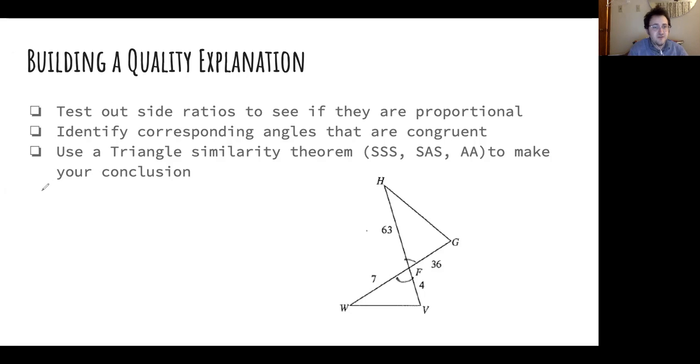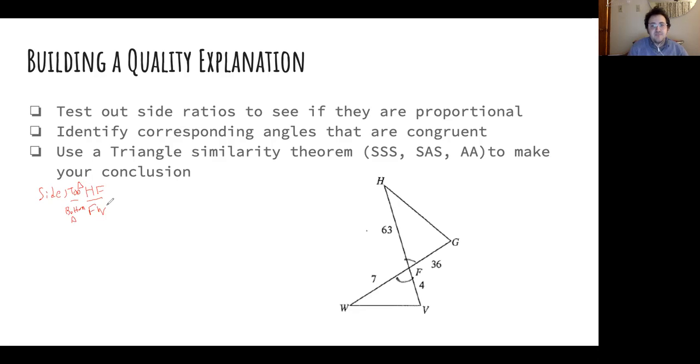The first thing that I would do immediately is test out the sides. So we can see that HF matches with FW. I'm going to use top over bottom triangle.